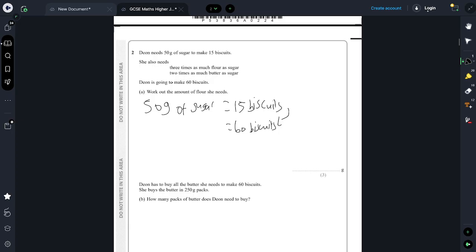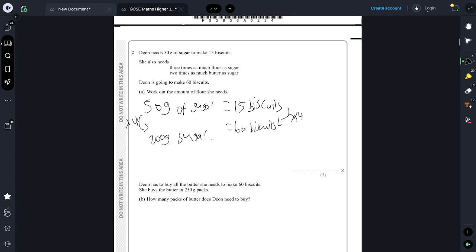What are we going to times by? Well, 4, because 15 goes into 60 4 times. And so you do the same here: times by 4. 50 times 4 is going to be 200 grams. So actually, what this is saying is, for all the 60 biscuits, they need 200 grams of sugar.